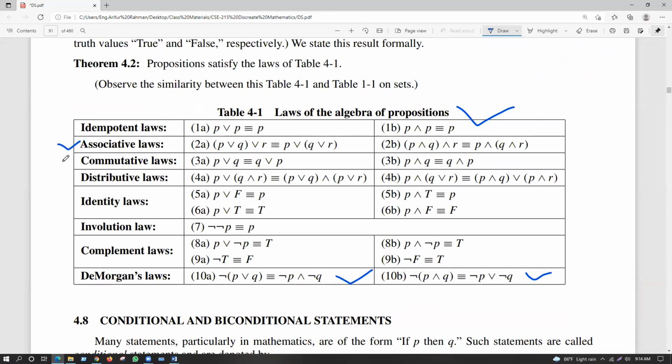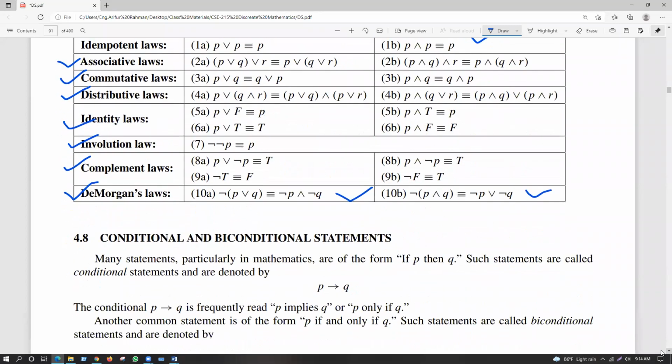We have associative laws, commutative laws, distributive laws, identity laws, involution, complement laws, and most importantly, De Morgan's laws. Is that okay?